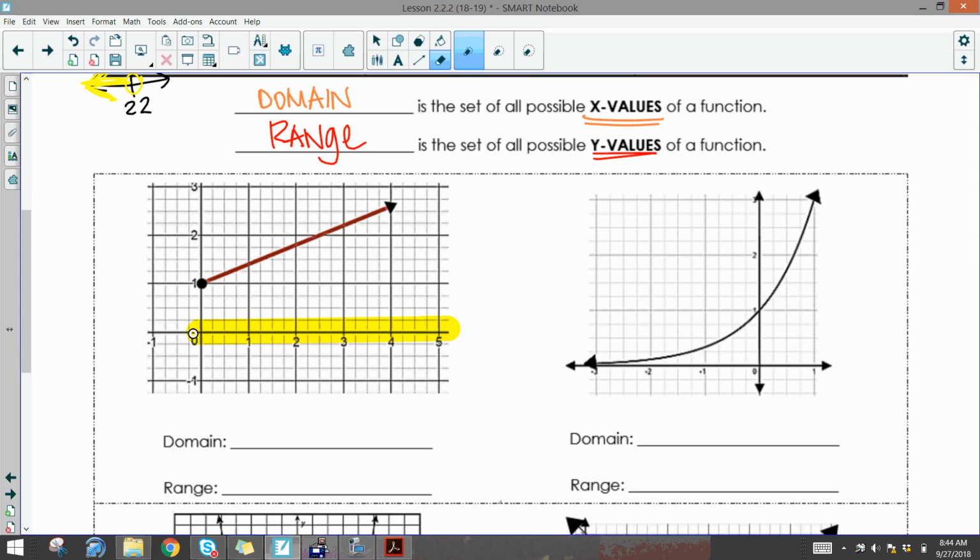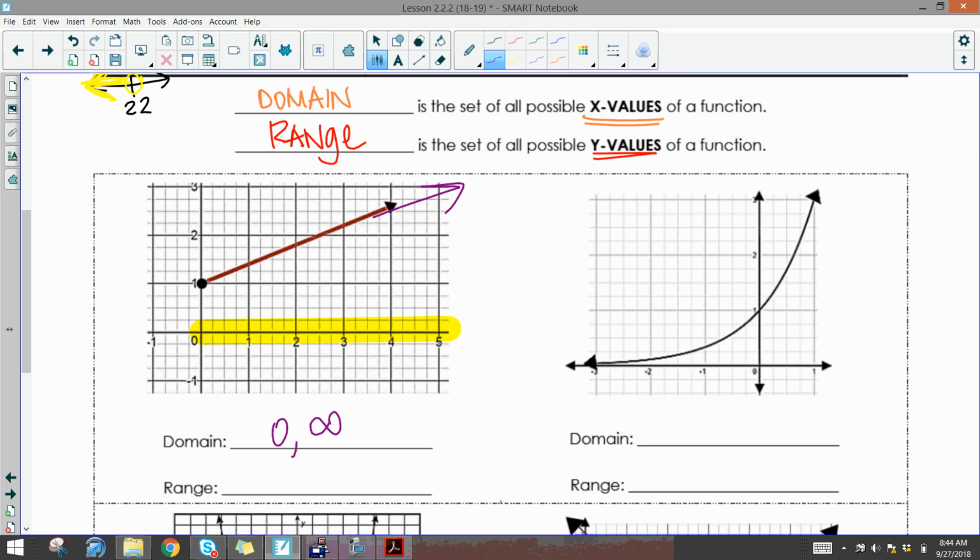My graph doesn't start until 0. And then it goes along all the way, all these x values. This arrow, pay attention to arrows. This arrow means it's going on forever. So that means my domain, the first x value that I have here is 0. And because of this arrow, it's going to go on forever.